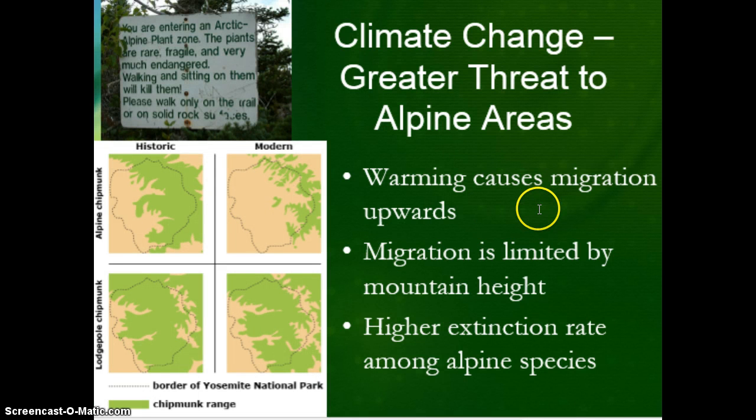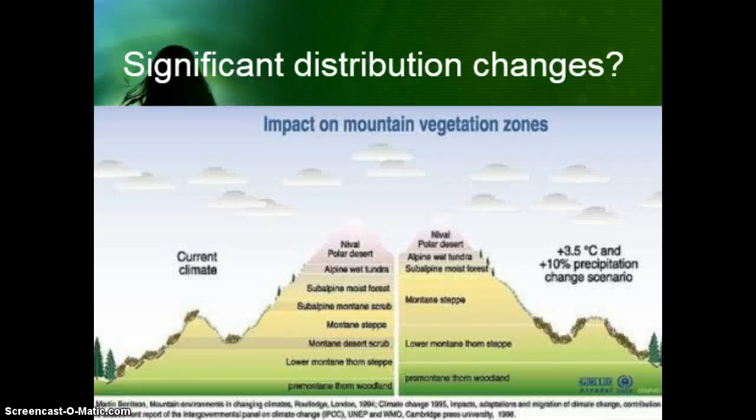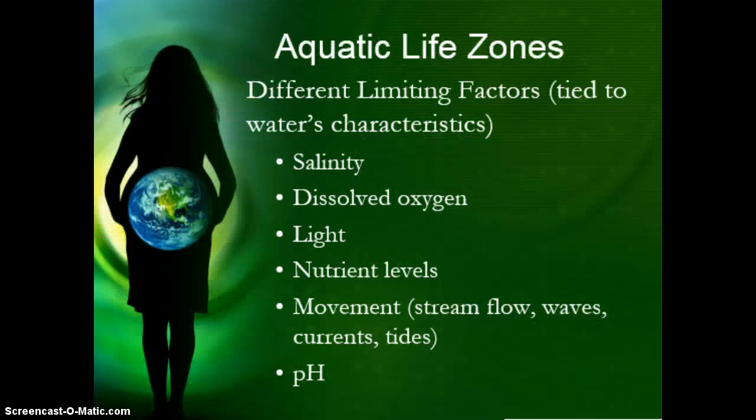So everything starts to migrate upwards, all the plants, all the animals, the entire biome. But that's limited by how tall the mountain is. If they can only go up so far, then you're going to start to see extinction rates among those alpine species as those biomes change their distribution on the mountain. And that's another thing that's sort of up in the air with what's going to happen.